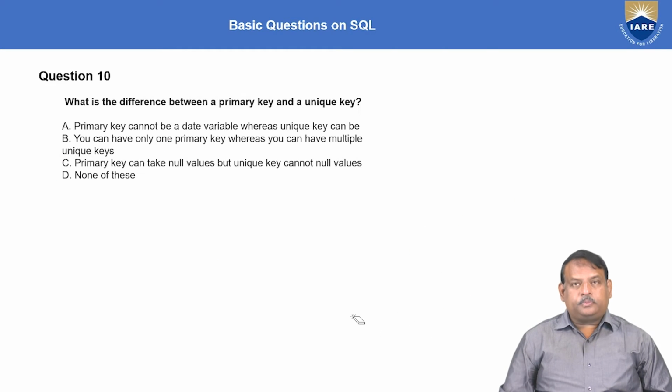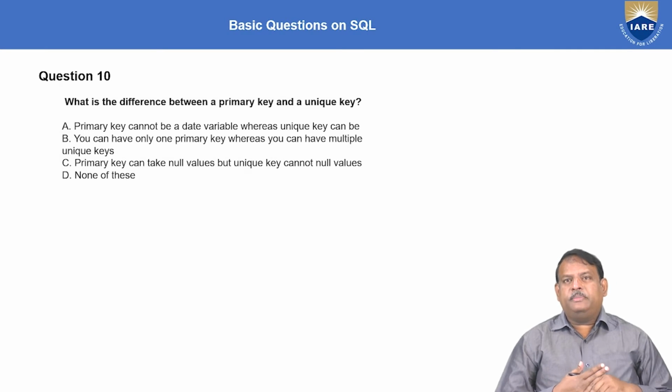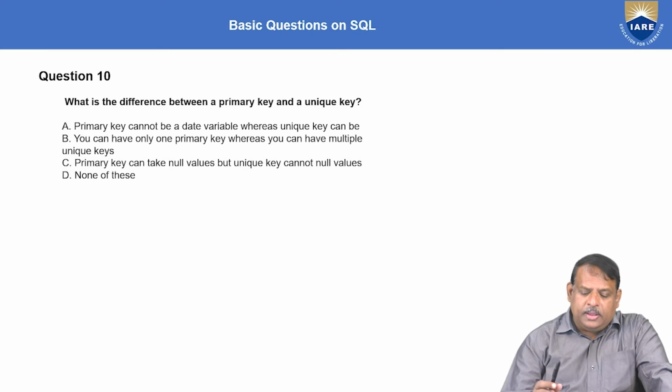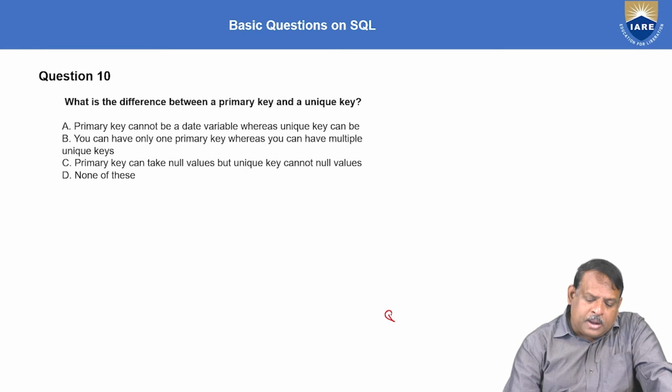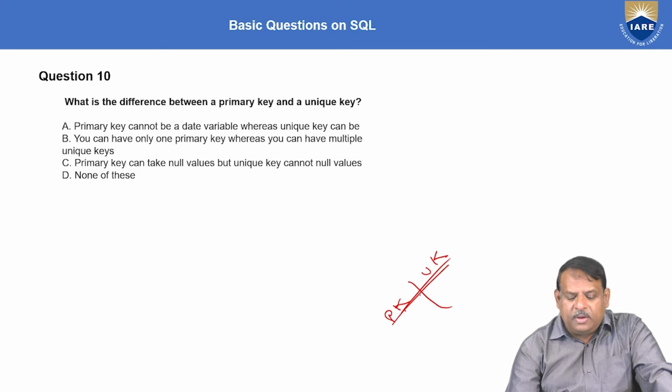Next question. What is the difference between a primary key and a unique key? A table can have a primary key, and it can have unique keys. A primary key is a unique identifier, whereas a unique key is also a unique identifier.